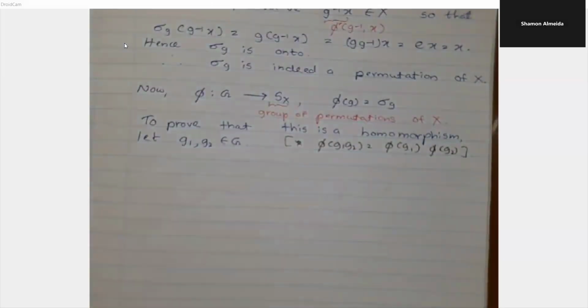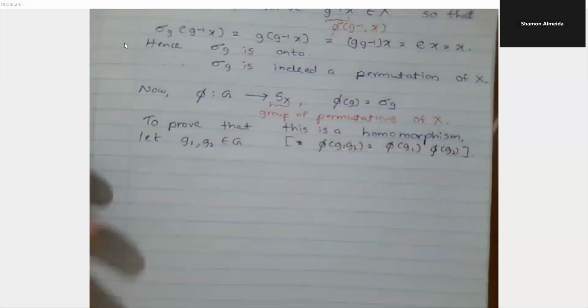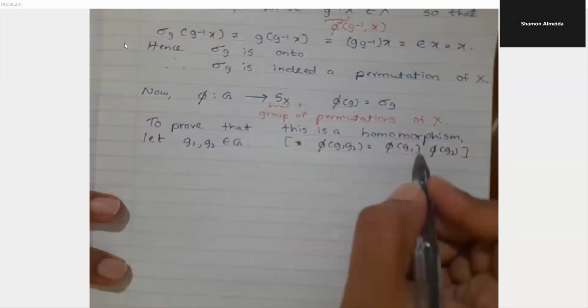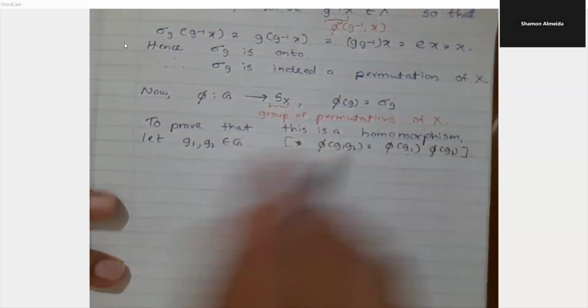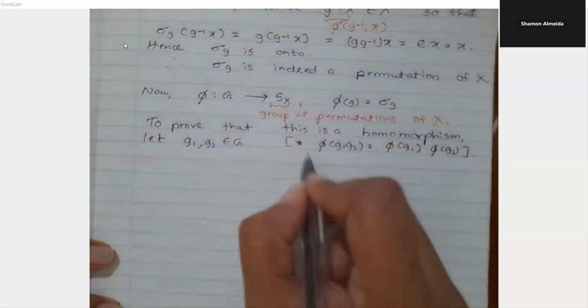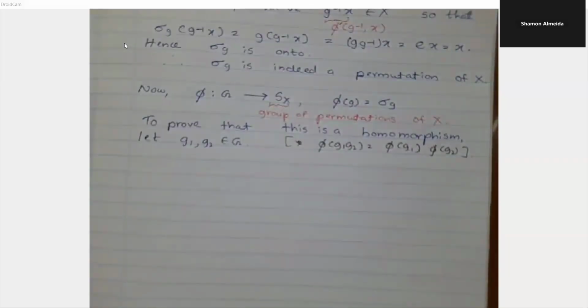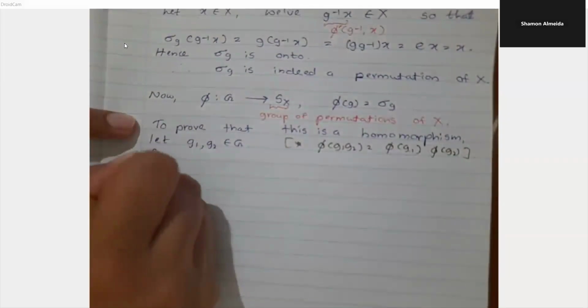So to show that this holds, we will take any element from X, and once you take phi of g1g2 of x, and when you find phi of g1 of x, phi of g2 of x, what you get on this side is the same as the element that you get on the other side, right? That is exactly what we're going to do. So let me write for any x.